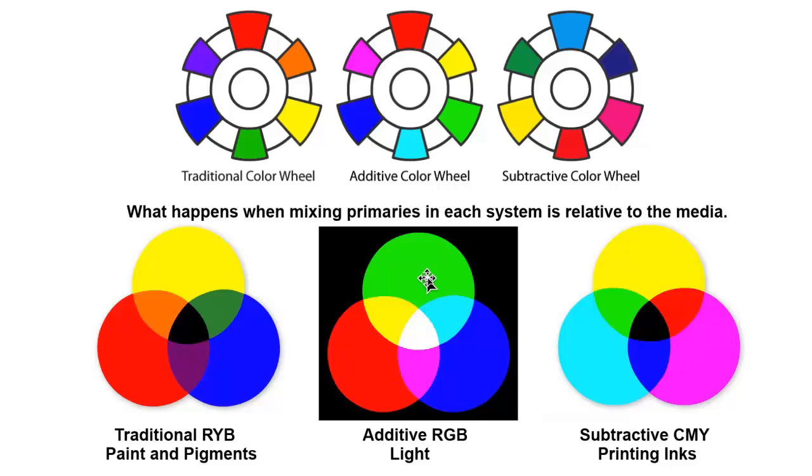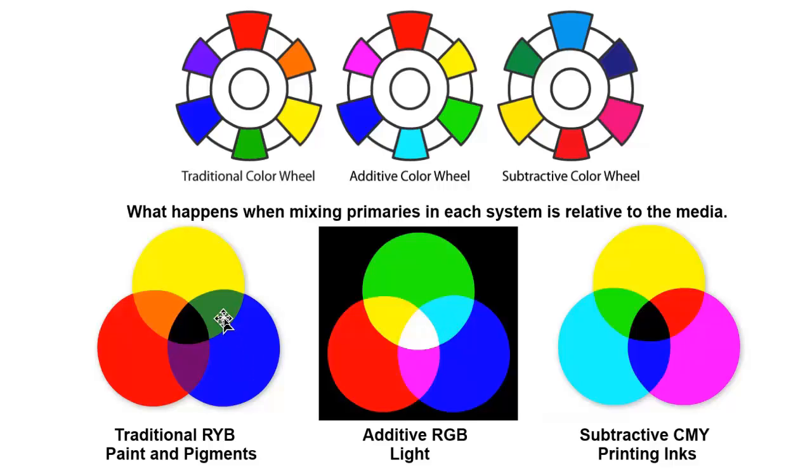With additive light, these are wavelengths of light, and it's very different than what happens when mixing pigment or paint. Green, blue, and red are the primary colors of the additive color system here, and you can see they're laid out: the primary, the larger shapes; the secondary, the intermediate shapes; the smaller shapes there. When green and blue light wavelengths are combined, they make cyan.